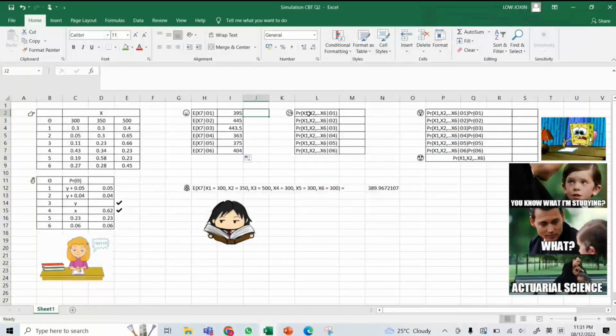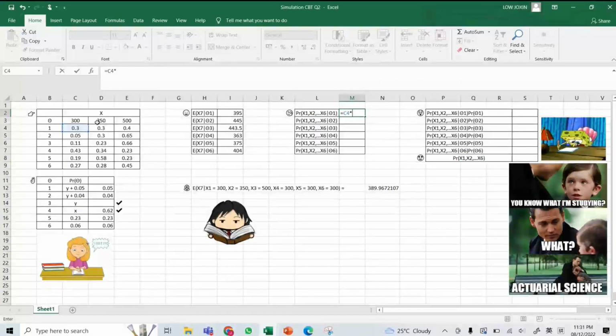And next we will find the probability of x1 equals 300, x2 equals 350, x3 equals 500, and x4, x5, x6 given each theta. So the probability of x1 being 300, which is given by the question, is 0.3.